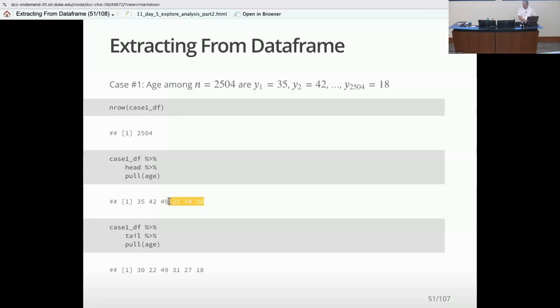We can look at the first 6 values. This isn't in any order, it's just the order they're entered in the data table, right? So for the first 6 subjects, their ages are 35, 42, 49, 25, 34, and 38. And then we can look at the last 6 subjects in the data table also.